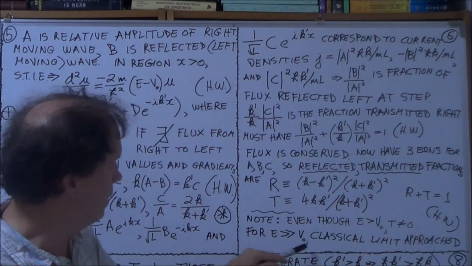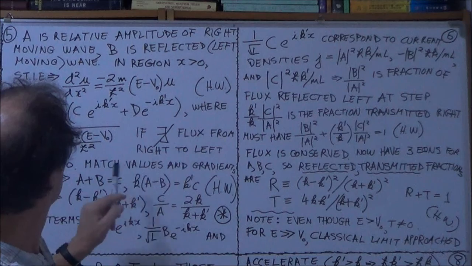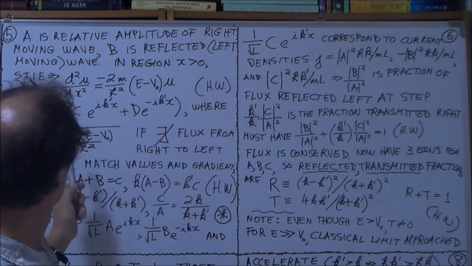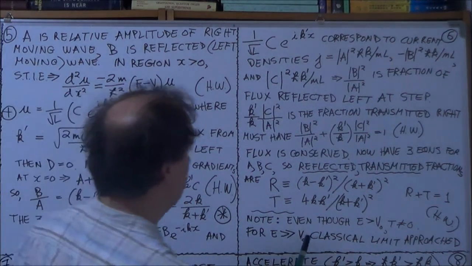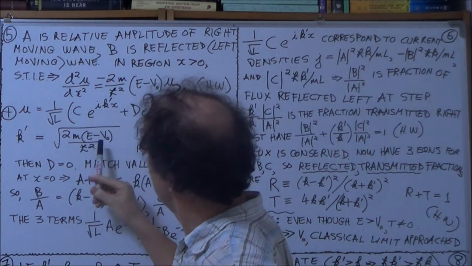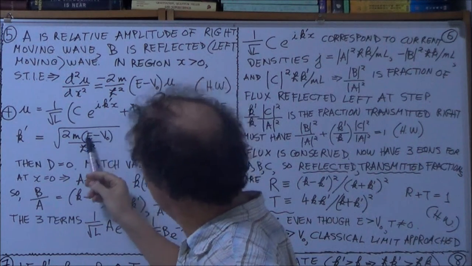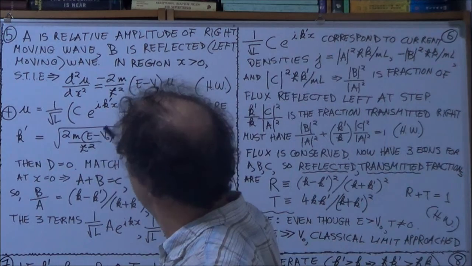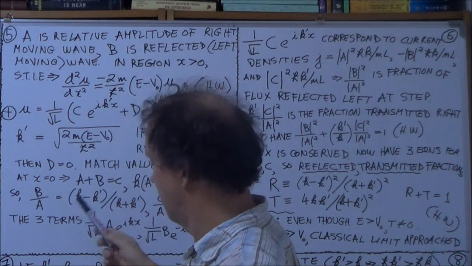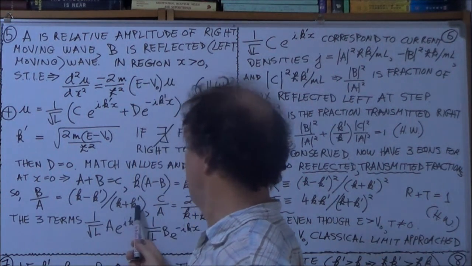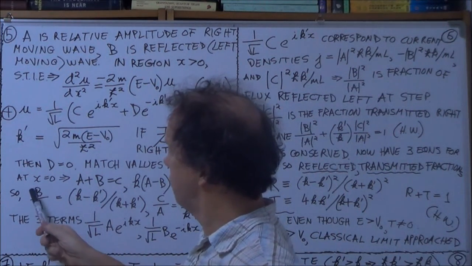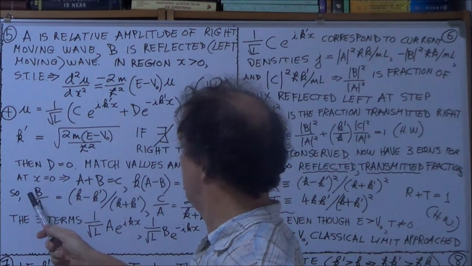Now, why is that? If E is much greater than V naught, what does that mean? How can I deduce that? You can forget about V naught, so then your K dash just becomes K. K dash and K become almost the same thing. So if K and K dash are almost the same, this becomes nothing. So effectively your B becomes nothing.